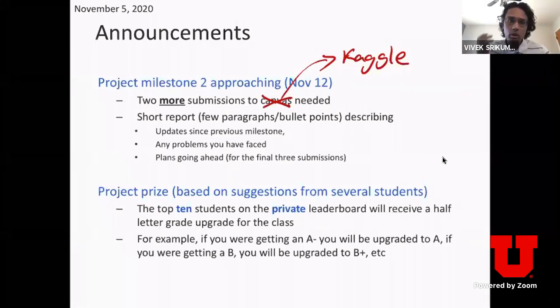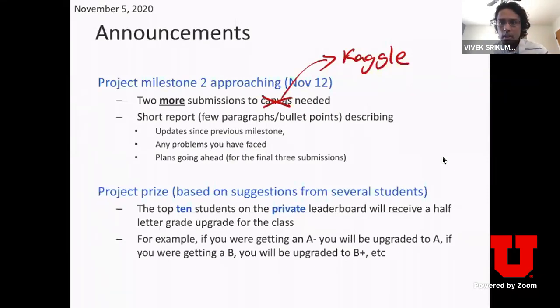For example, one of your 2 submissions for this upcoming milestone could even be a third-party library if you want to use it. Just think about how you plan to set things up for the rest of the semester.